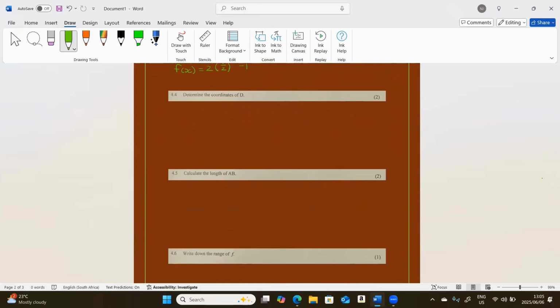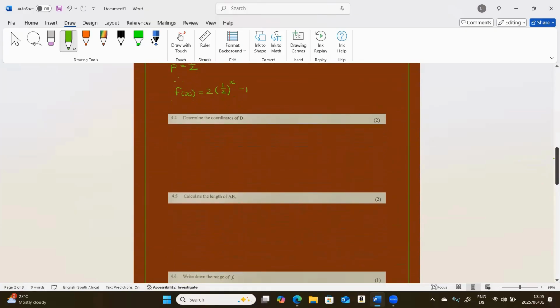So we have to say that in this updated equation for function f, that we had just calculated, we need to replace the value of x with 0, and then we would get the value for y. So just stick to your basics. This is a principle. For a y-intercept, we replace x with 0.